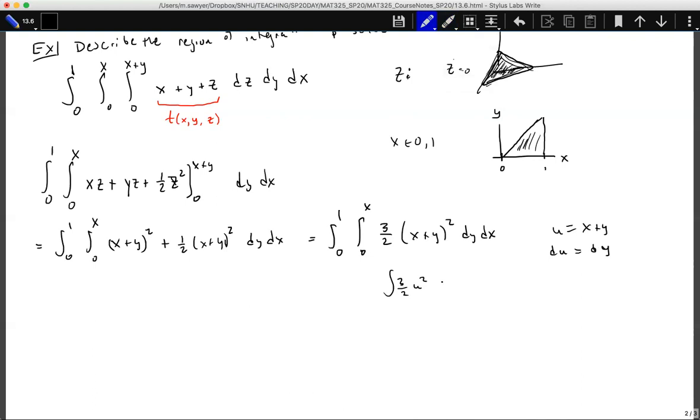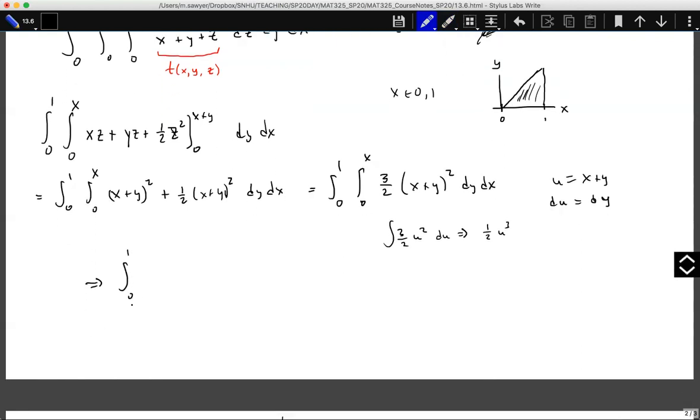If we're integrating this with respect to u, this just becomes 1/2 u cubed. So then we get the integral from 0 to 1 of 1/2 x plus y cubed evaluated from 0 to x, dx.